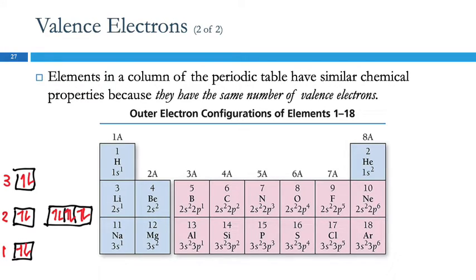Which floor is the highest that has any electrons on it? The third floor, right? If we number the periods here, we'll see that these correspond to the quantum numbers for the s orbitals here. So magnesium has 2 valence electrons.